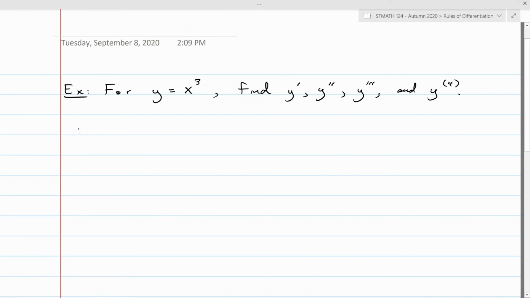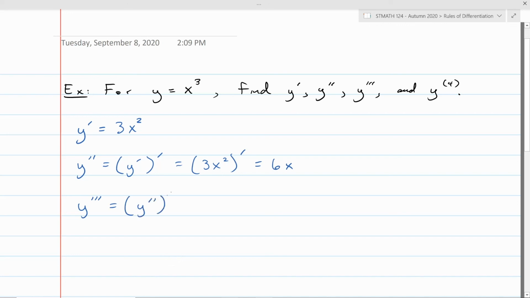Well, this should be pretty straightforward. y prime would be 3x squared. Now y double prime means take y prime, 3x squared, and take the derivative of it. Bring the 2 down, multiply times 3, you get 6x. y triple prime means take the second derivative and then take the derivative of it. So that would be the derivative of 6x, which comes out to 6.